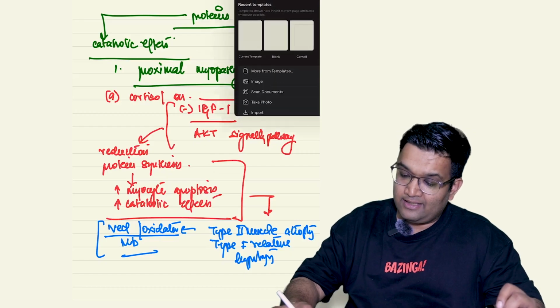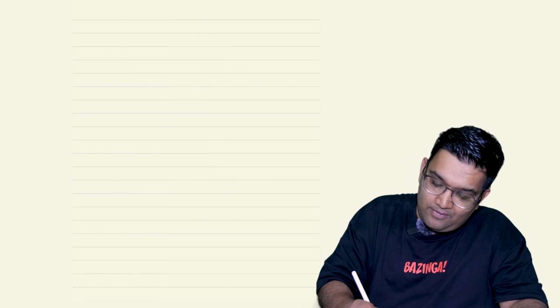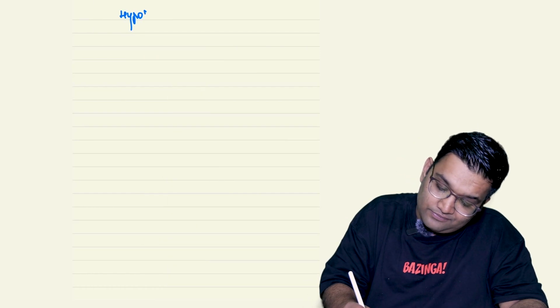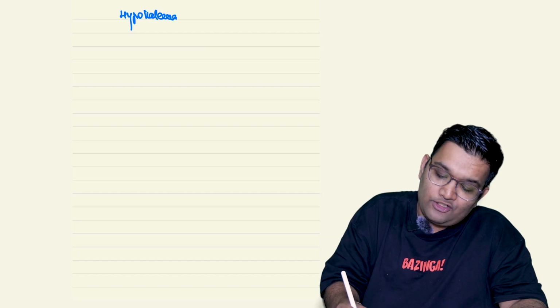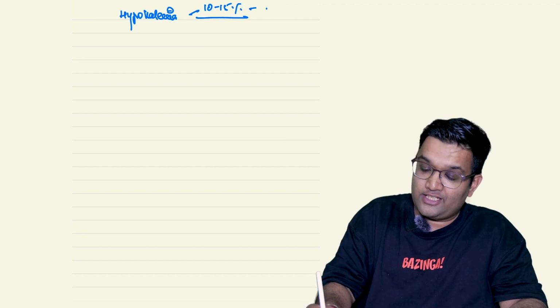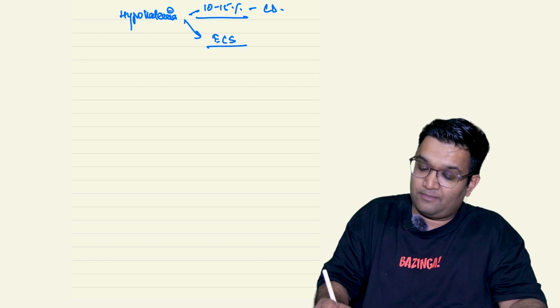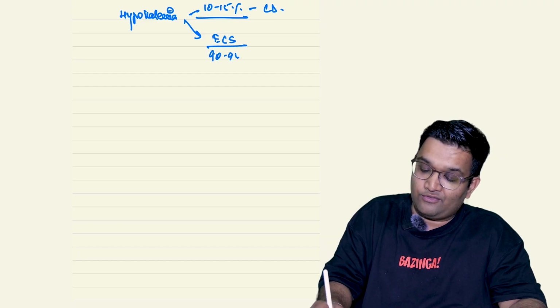What are the other things that may contribute to this proximal muscle weakness? They may be hypokalemia. We saw this, it is 10 to 15% cases in case of Cushing's disease, while in case of ectopic Cushing's, it is present in 90 to 95% of the cases.